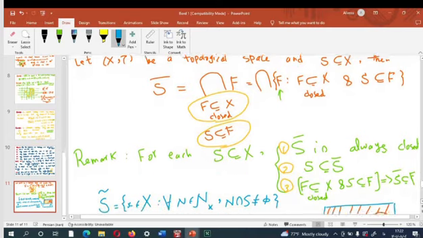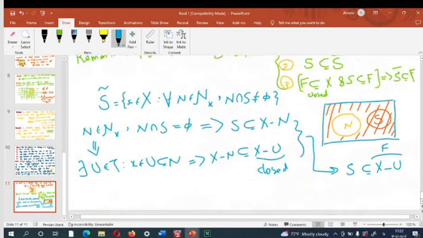Since S bar is the smallest closed set with this property, S bar is a subset of this set.